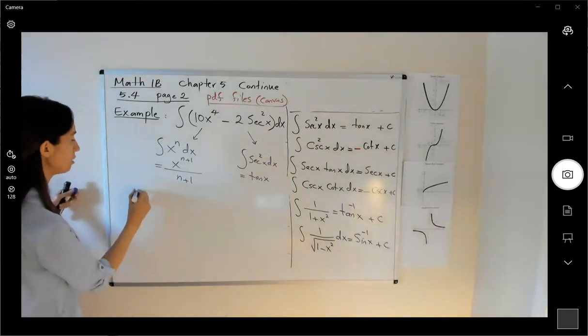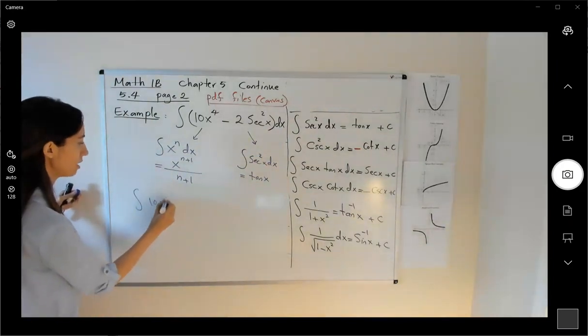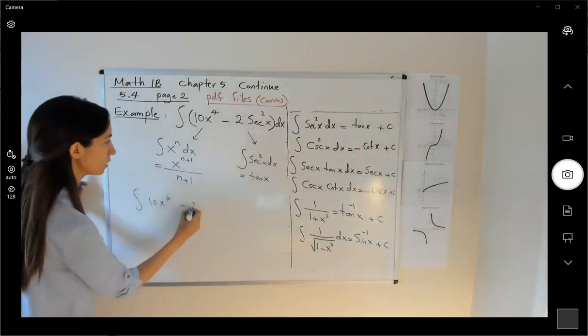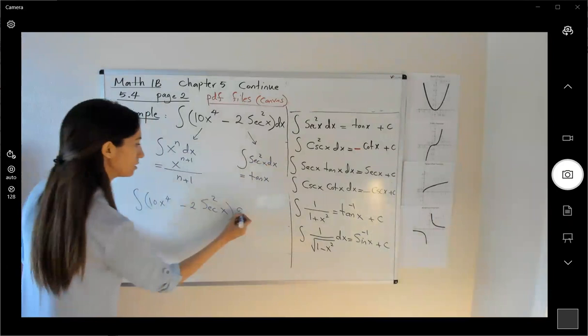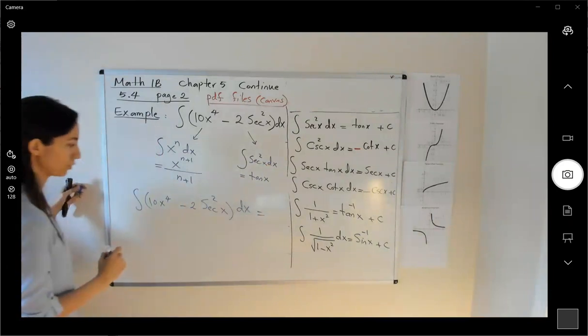The integral of 10 x to the 4 minus 2 secant squared of x dx is equal to.